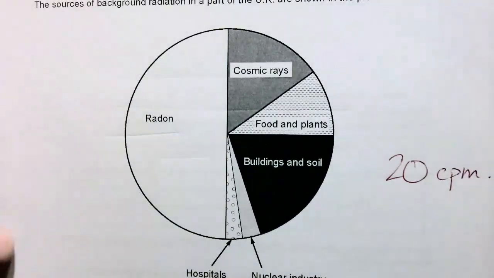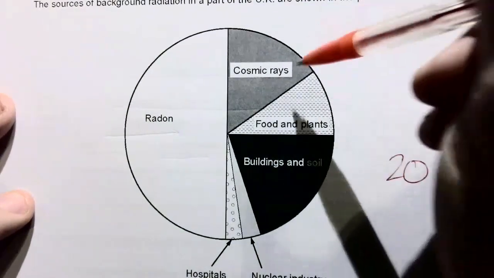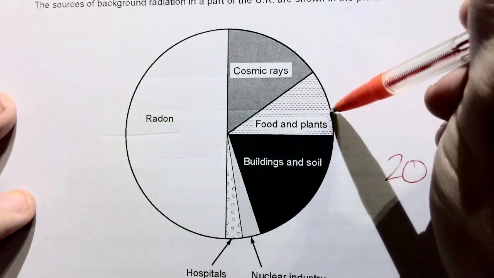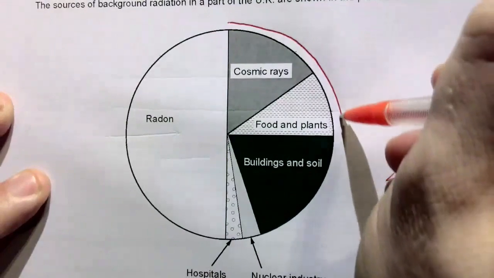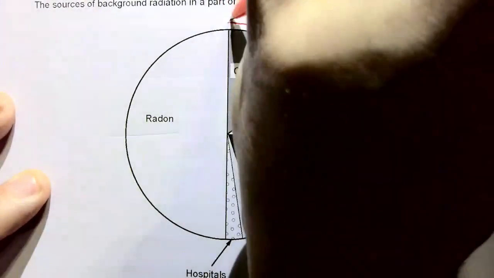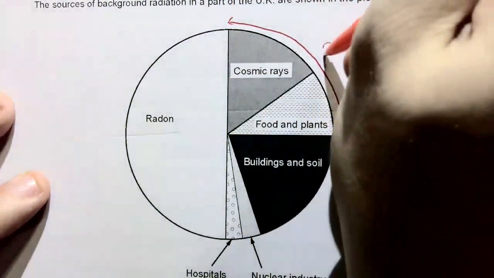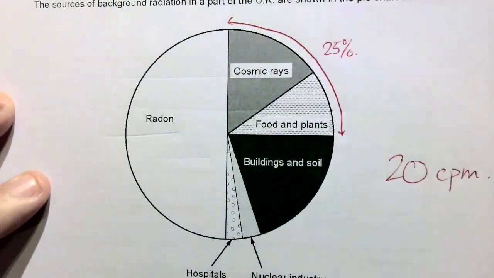So we'll go to our pie chart. We can see we've got cosmic rays and food and plants together. Now, if you look at this, quite conveniently, it's 25%. I've never seen a question where you've had to do what you might have done in maths, measuring an angle and working out what proportion that is of 360 degrees.